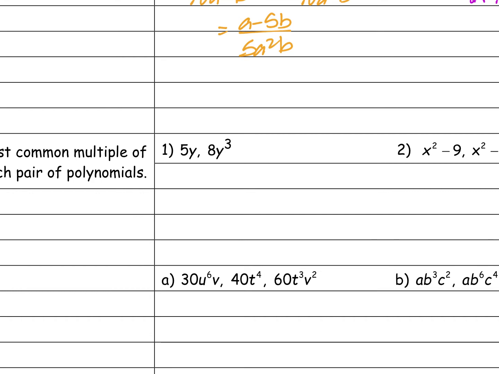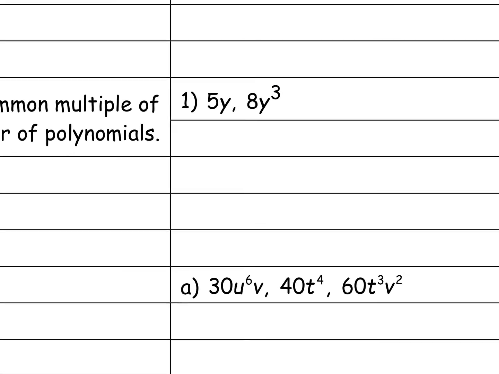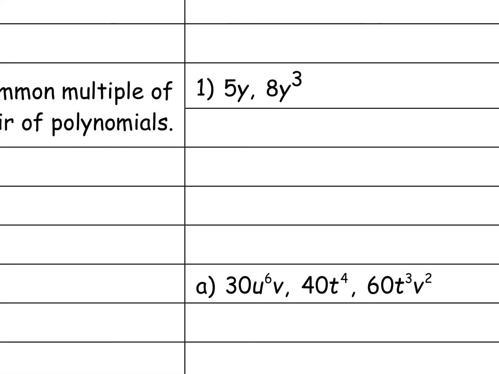So what's the smallest number that both 5y and 8y cubed go into? Let's start with the number. What's the smallest number that 5 and 8 go into? 40. Great. And what's the smallest amount of y's that both y and y cubed go into?